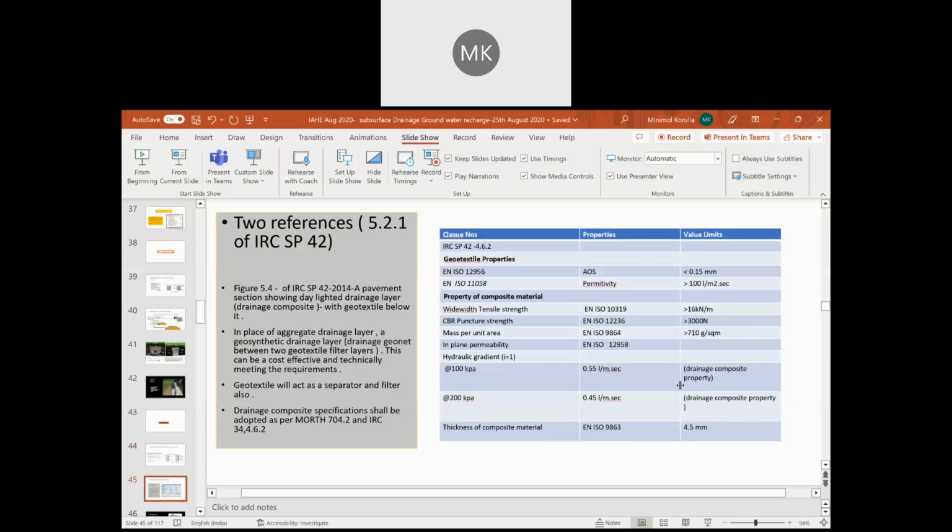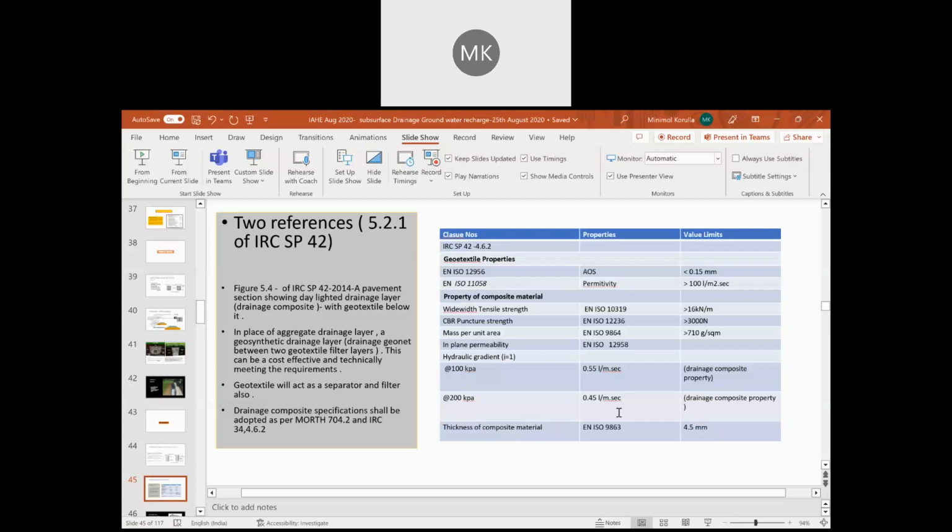If capillary flow is there, then a capillary cutoff is a must, so in that place we may have to design a sand blanket. What is the purpose of the sand blanket? It acts as a horizontal drain, and at the same time it disrupts the capillary flow. If we have to construct a road in a place where capillary rise is there, then we can place a sand blanket. You can place a geosynthetic drain also, but let us look at the sand blanket.